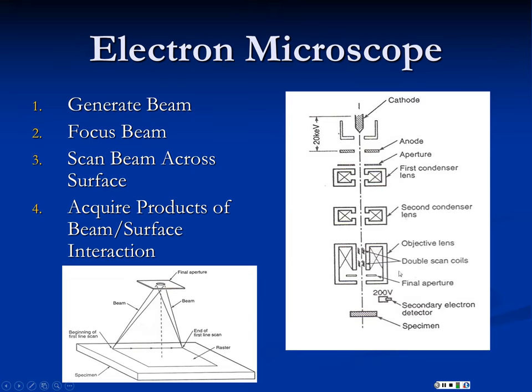However, this differs dramatically in that we have a tiny stream that we're focusing, and we're going to scan that stream of electrons over the specimen. We're not going to shoot at a single point. We're going to aim it at a point, and then move it around on the surface. So we have scan coils. These are more electromagnets that cause the beam to deflect. Final aperture, and then you'll have detectors, and we'll talk about detectors a little bit.